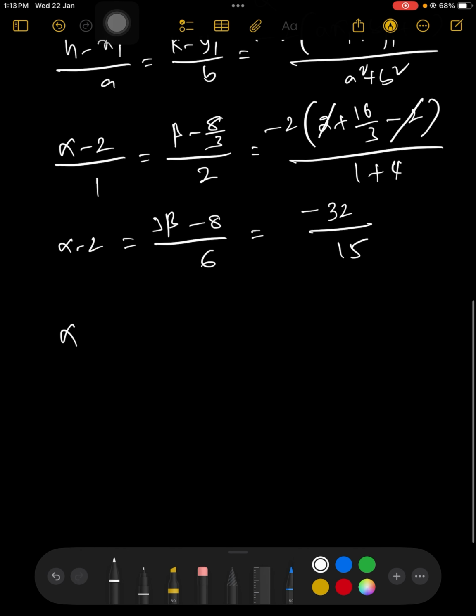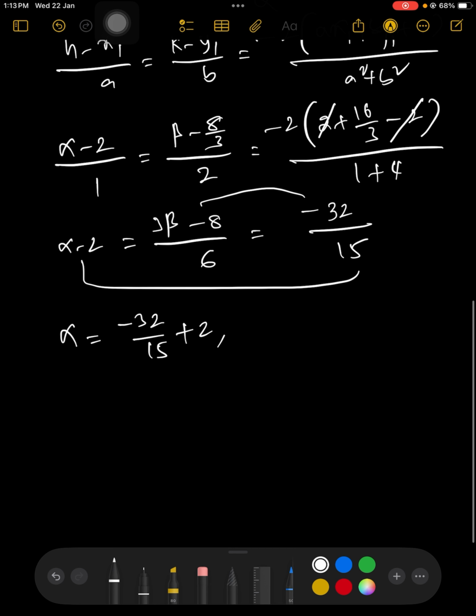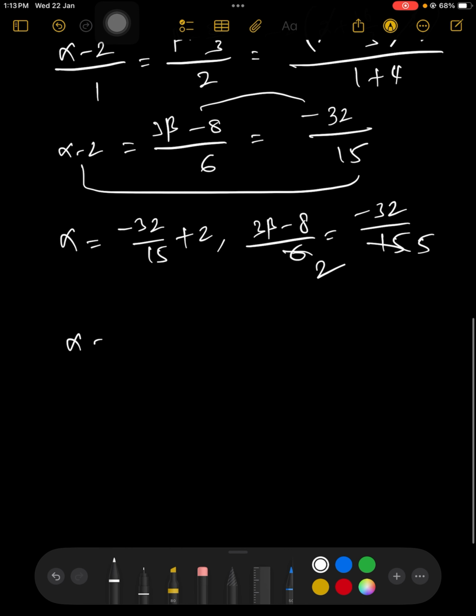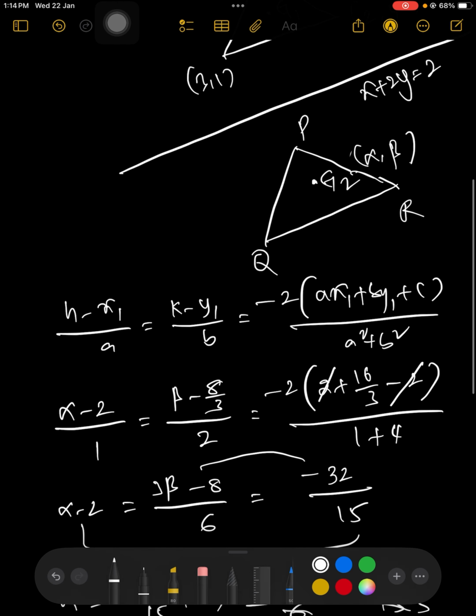Comparing, alpha equals minus 32 by 15 plus 2, and (3 beta minus 8) by 6 equals minus 32 by 15. Then alpha equals (30 minus 32) by 15, that is minus 2 by 15, and beta equals minus 24 by 15. So we got the alpha and beta values.